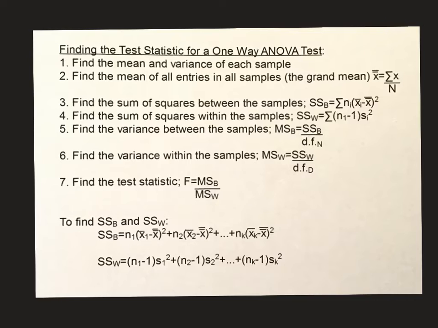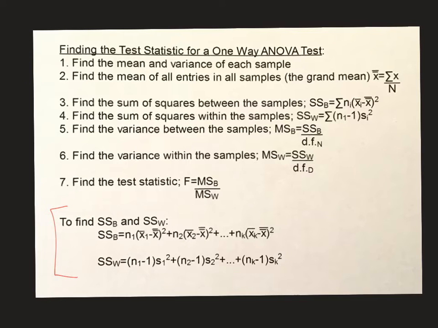You're going to take those two values in 5 and 6 and divide them in number 7 to find your test statistic F.